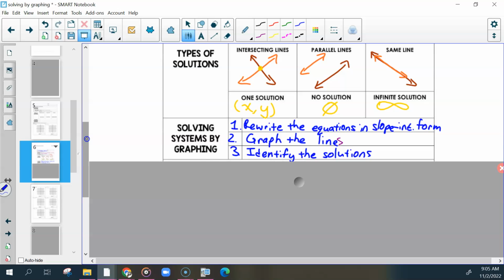No solution because they don't cross, or infinitely many because they cross everywhere. Once we have all the instructions down, we'll actually put this in place.